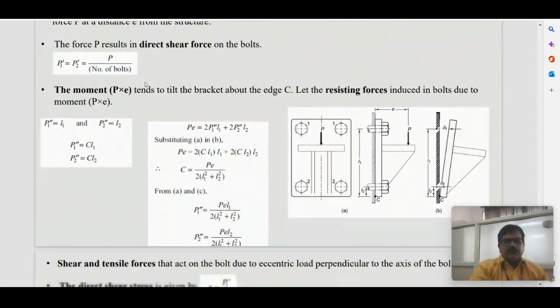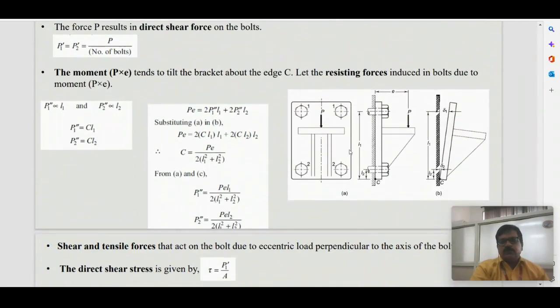Whereas in the next case you can see that due to the position of the load with respect to the bolts, the primary will be shear when it is transferred from here to there. The primary will be shear, all right, but secondary will be pull. So that pull is calculated from the moment applied on the bolt arrangement.